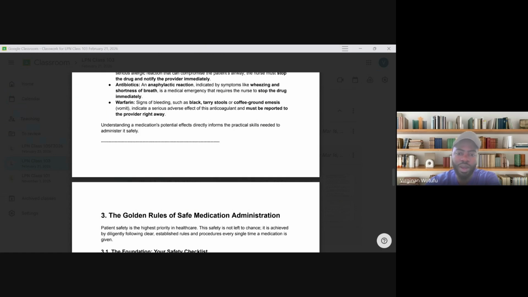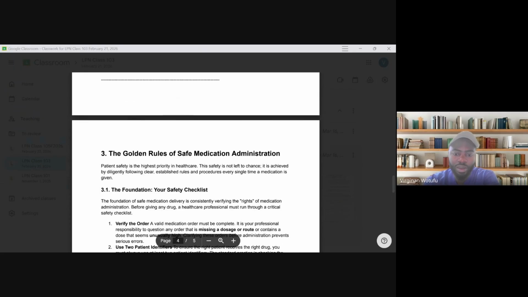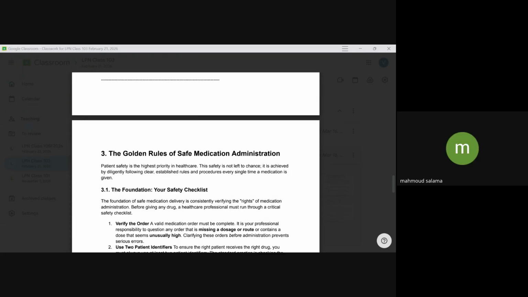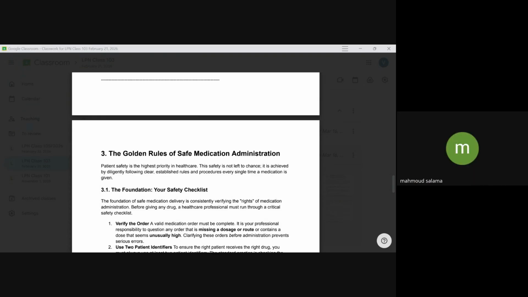We recall the 5 R's: right route, right time, right patient, right dose, right medication.